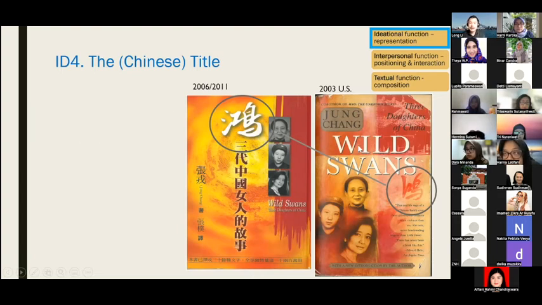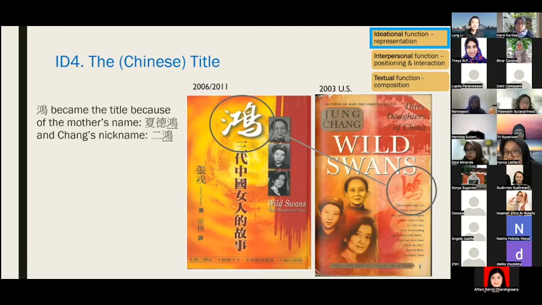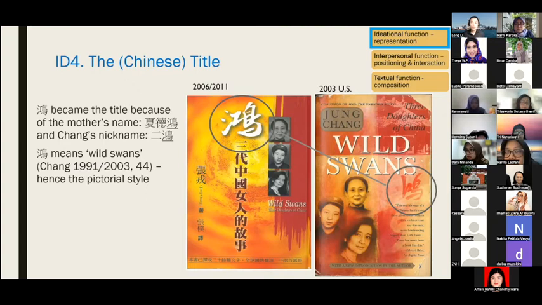And perhaps that's the visual elaboration of the title Wild Swans. So this may resemble a swan in the way that the daughters of China are elaborated by the female images. But where does this character come from? It was chosen as the title because it's the mother's name and the author's nickname. And according to the author, this character means wild swans.